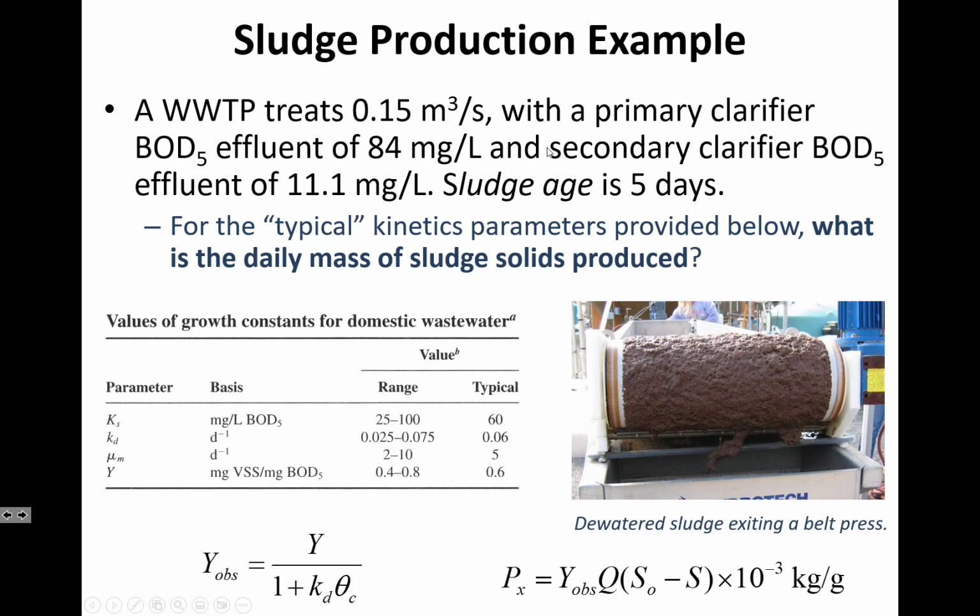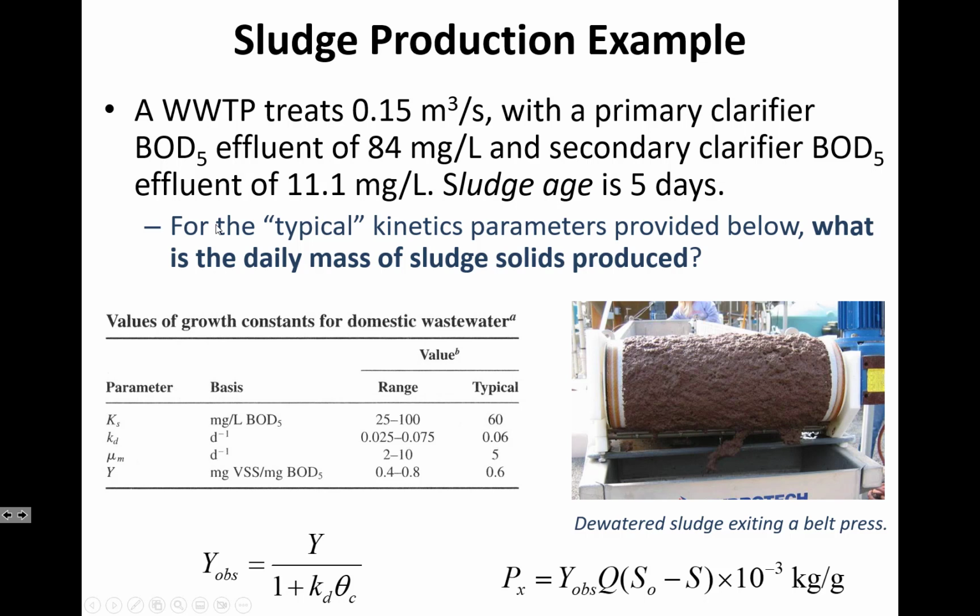And then what comes out of the primary clarifier, here's our primary, has a BOD of 84 milligrams per liter. And what's coming out of the secondary clarifier is 11.1 milligrams per liter.